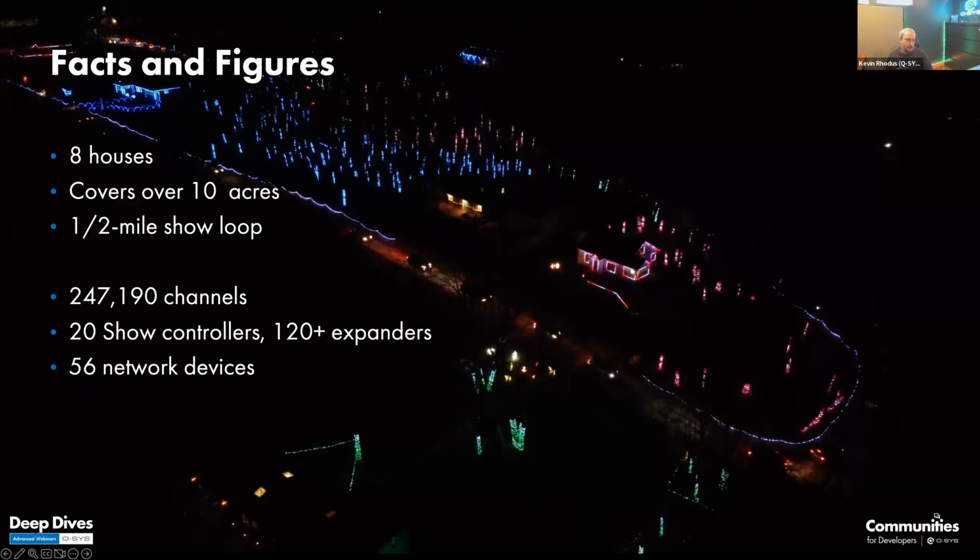Last count, and actually this just went up last night because I threw some more stuff on to show off today, about 56-ish network devices that all need to work to pull this off. So it is a lot of stuff to manage, and that's really where we use the power of Q-SYS a lot to help manage, monitor, and control everything going on.